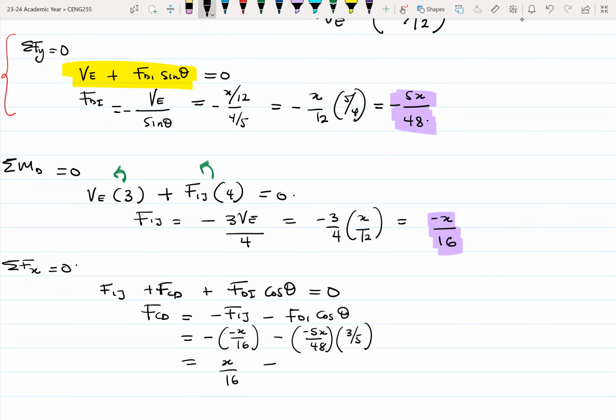I always say it's easier with a calculator by your side. So this will give me plus x over 16. So this becomes 2x over 16, and now x over 8. You can always check this. So we have these 3 actually: minus 5x over 48, minus x over 16, and x over 8.